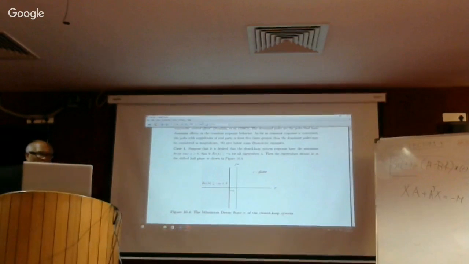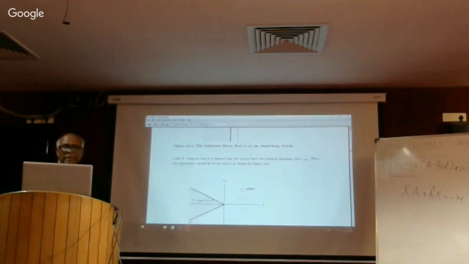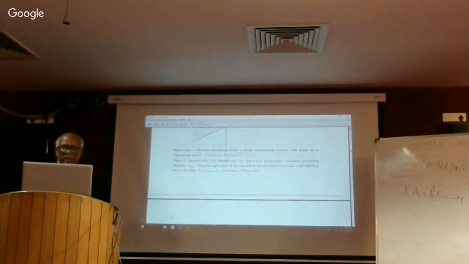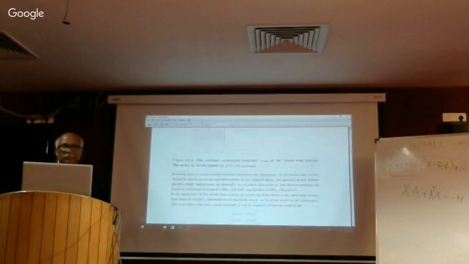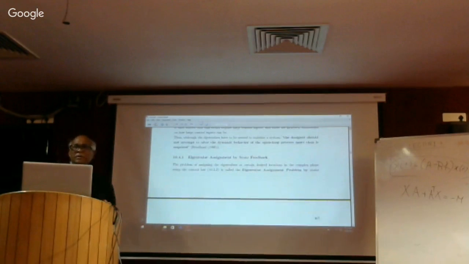There are other cases like that. Like here, all the eigenvalues need to be in a strip like this, and things like that. So basically, what I'm saying is that certain design constraints require that the eigenvalues need to be placed in certain regions of the complex plane.